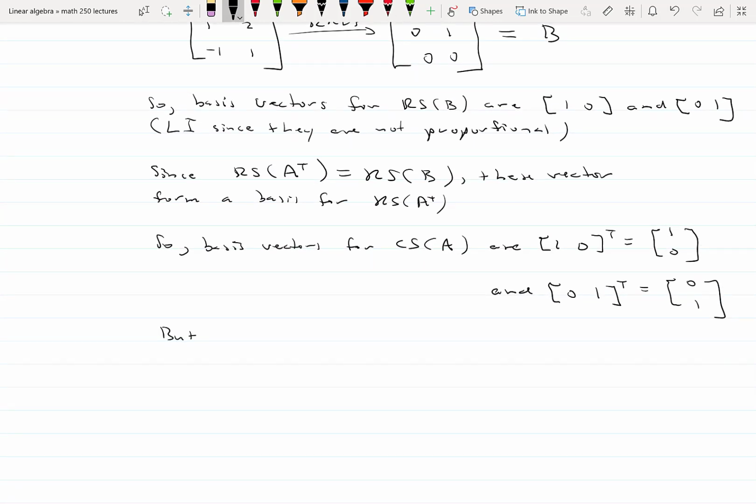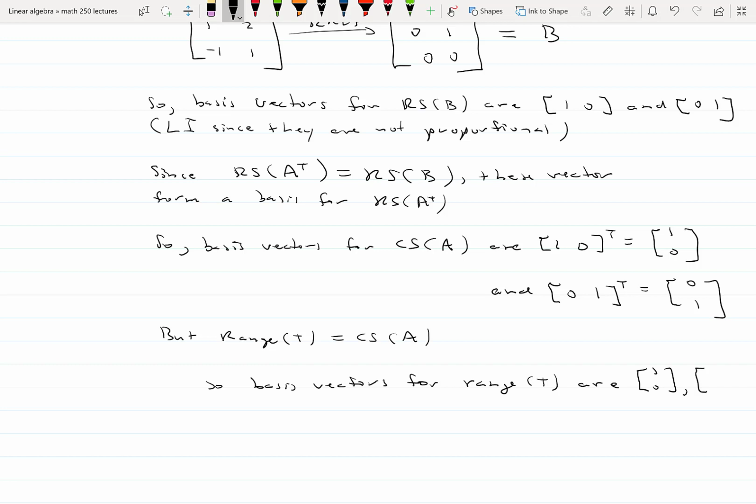Okay, but the range of T is equal to the column space of the matrix A that defines T. So basis vectors for the range of T are 1, 0, and 0, 1.